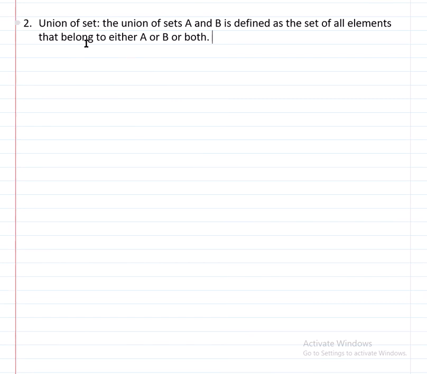So the union of sets A and B is the set of all elements that belong to either A or B or both. Union means you are bringing both sets together to make one. That's all. I don't like to talk plenty when dealing with mathematics.